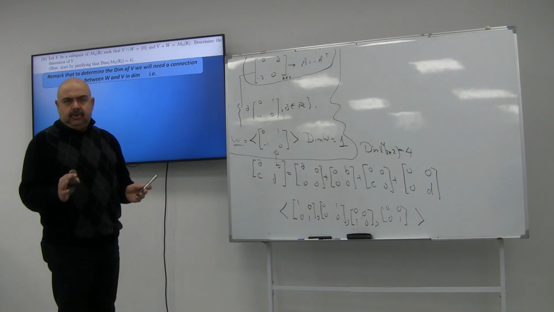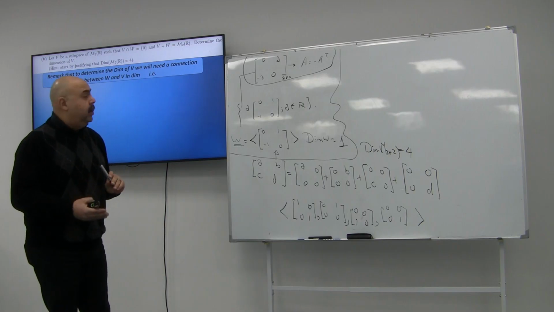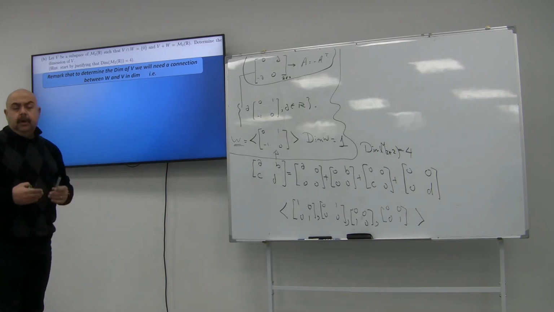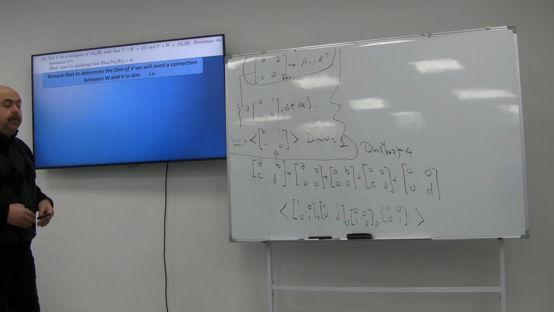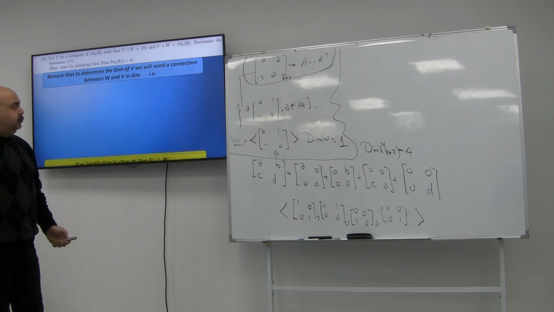It is only related to W, in that their intersection equals 0 and their addition equals M2 by 2, the vector space of the square matrices. So I need a connection to connect them together.